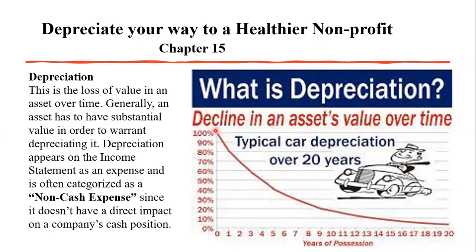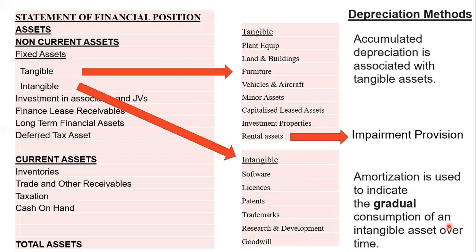And there we have a little graph that shows when you buy a car, it's at its full cost, and then over a period of, say, 20 years, or less than that, it is not worth much. Okay, so we said we're going to discuss the tangibles and intangibles.